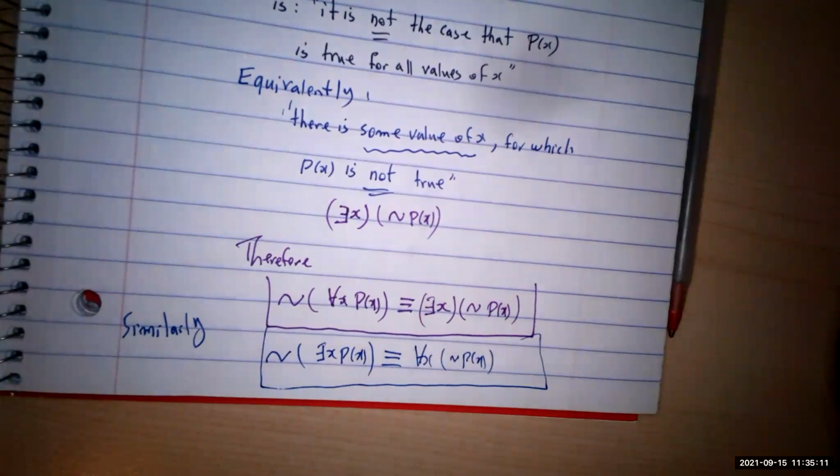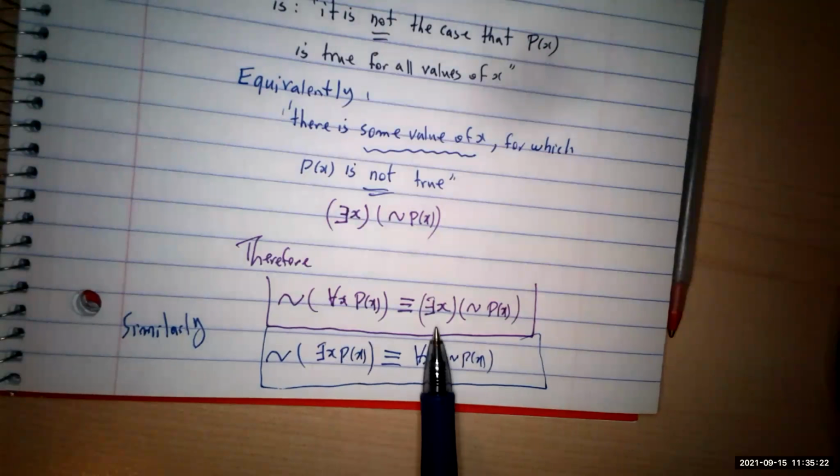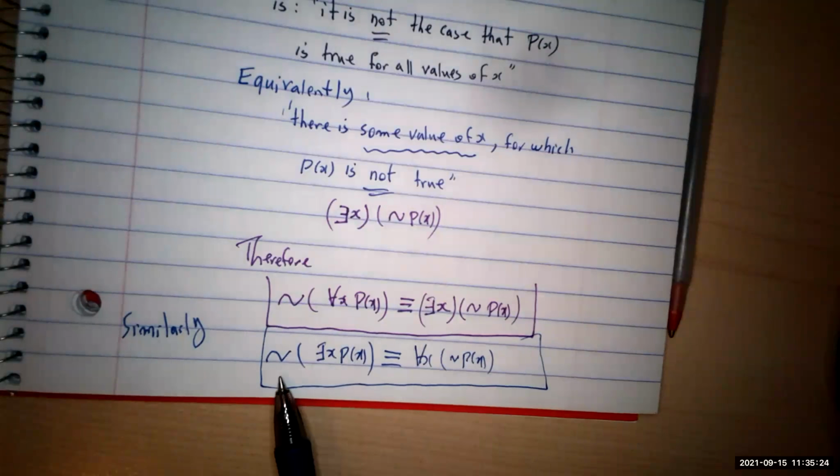So basically, if you want to negate a given quantifier, the negation of for all would be there exists, and the negation of there exists would be for all. And then you have to switch the statement from P of x to not P of x. That's it. Any question?